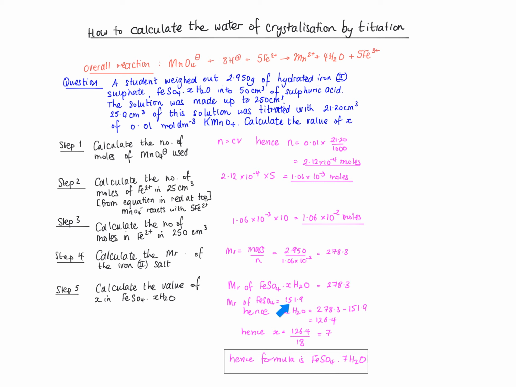So XH2O has a relative formula mass of 126.4, and we know the Mr of water is 18. So if we do 126.4 divided by 18, we get 7, which means X equals 7, which means the formula is FeSO4.7H2O.